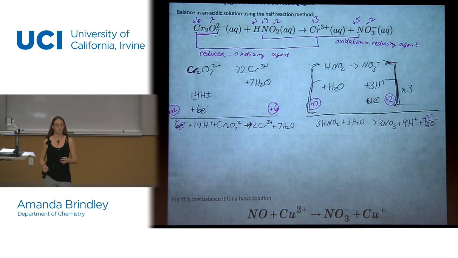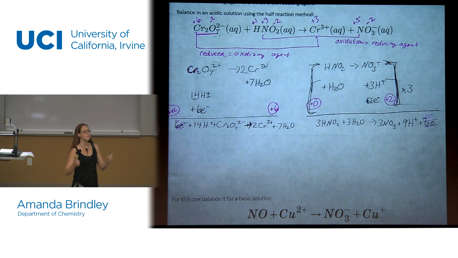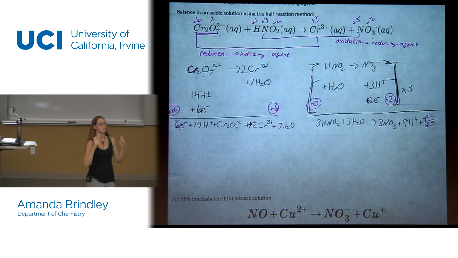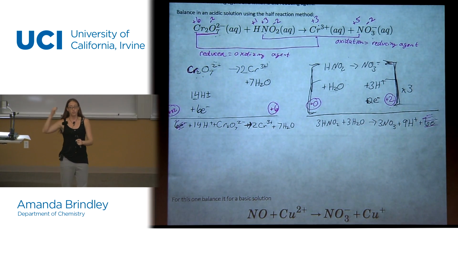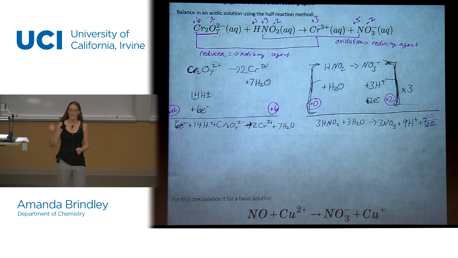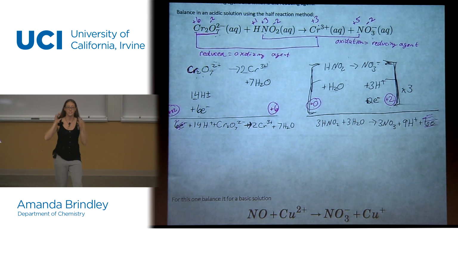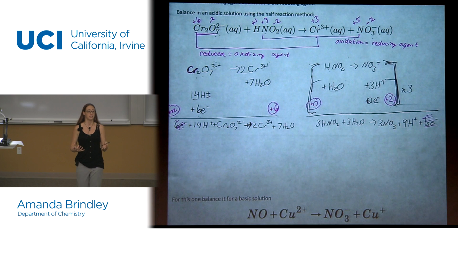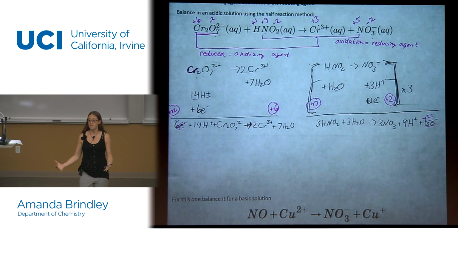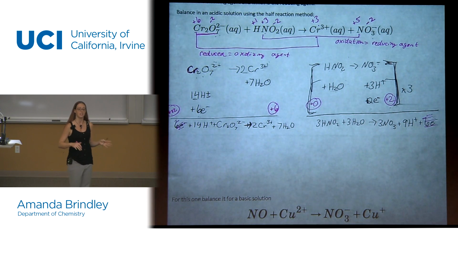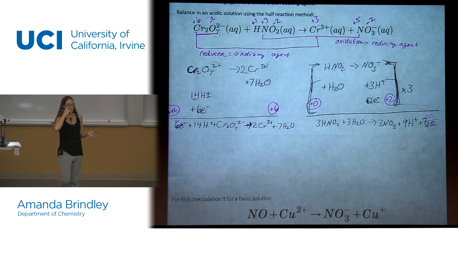If you have an electron in your final answer, that shows that you're fundamentally missing something about electrochemistry. The idea that if you give some electrons away, the other ones have to take it up. There's something wrong, not just in the balancing, but in your understanding of what is happening. Make sure that doesn't happen. If it happens, that just means that something's messed up. Go back and fix it, figure out what you did wrong, and move on.